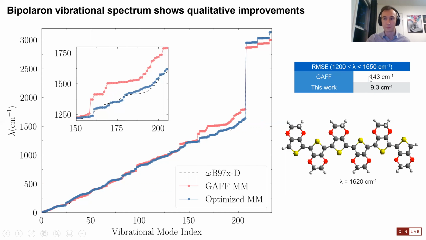And we're able to see that our optimization yields significant improvement in the relative error compared to GAF. So again, this is reassuring, since we know that from the conventional aromatic to quinoid transition when a polymer is doped, this is showing that we're able to capture the charge geometry interaction a bit better, at least insofar as we can represent that in the vibrational spectrum.